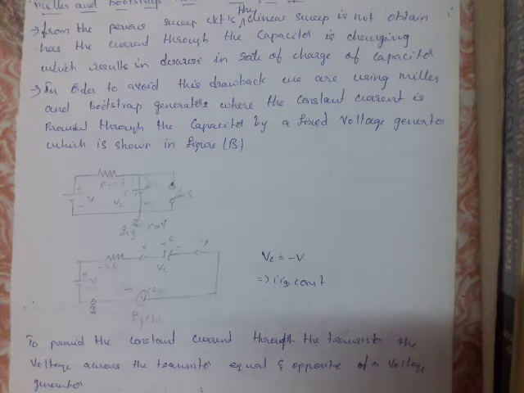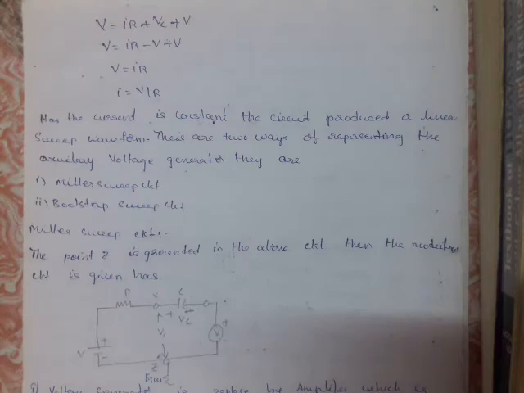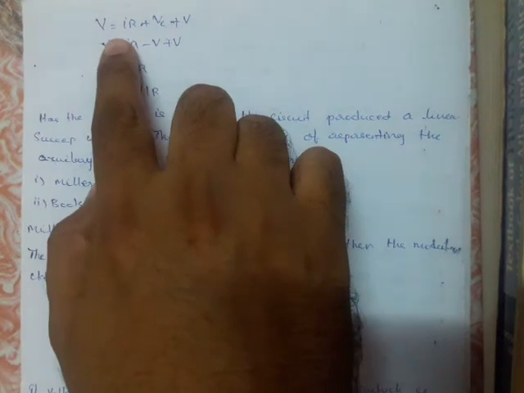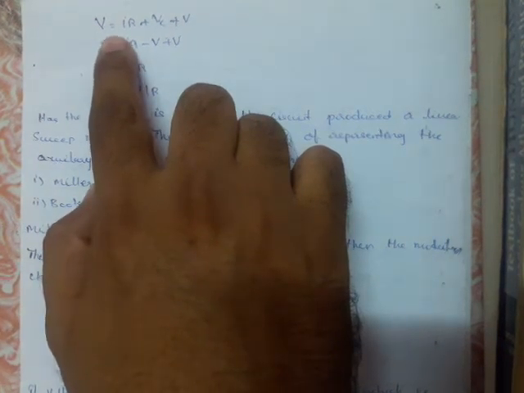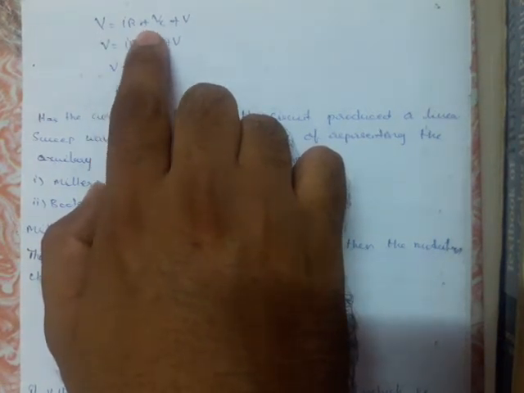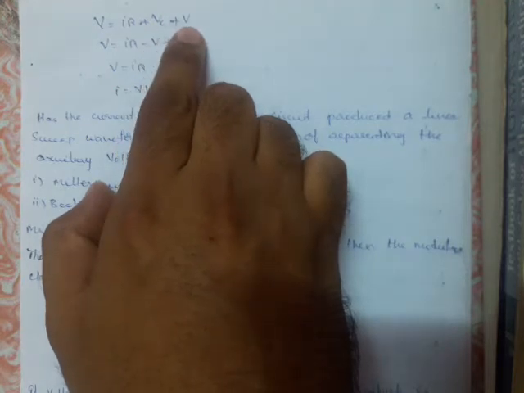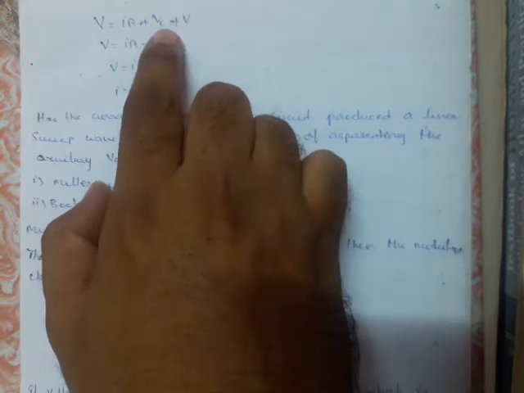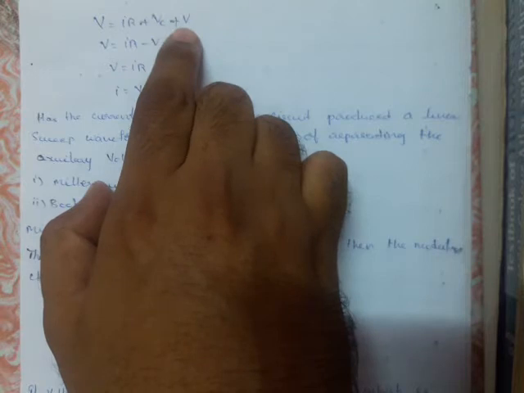After drawing figure B, if we apply Kirchhoff's voltage law, we get V = IR + VC + V. Here VC means capacitor voltage, and V means input voltage.